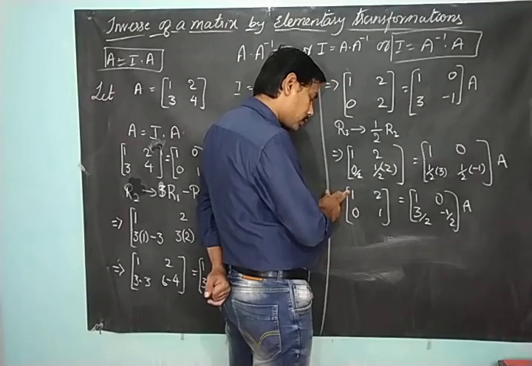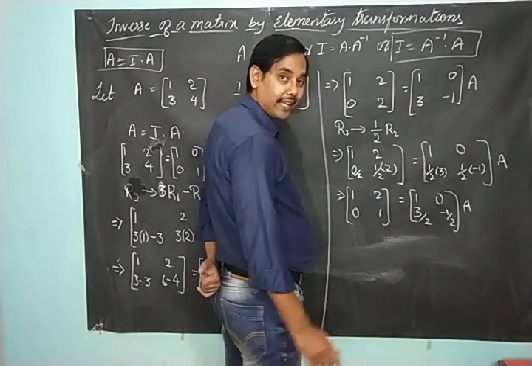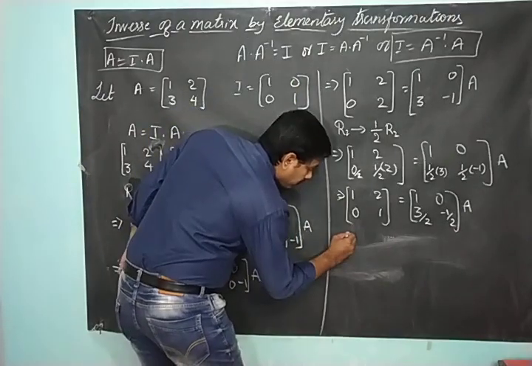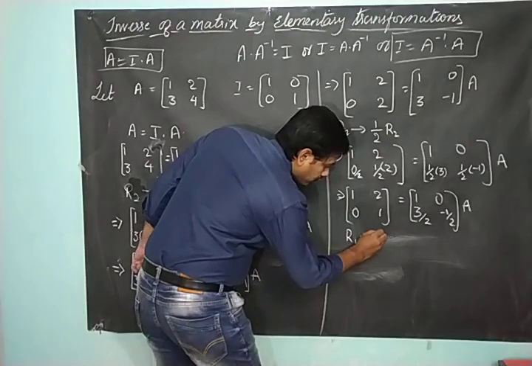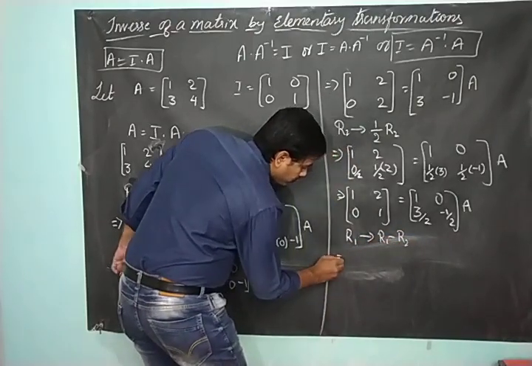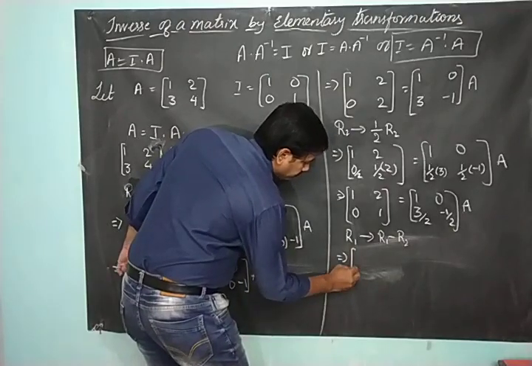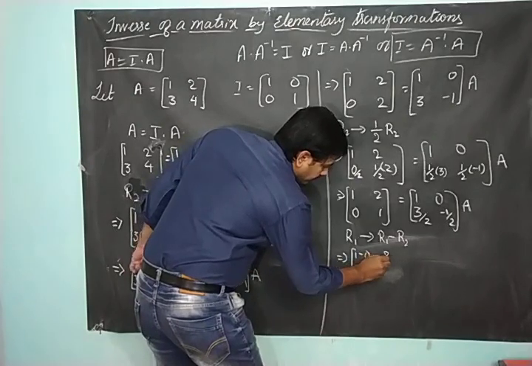R1 minus R2 means 1 minus 0 remains as 1 only. 2 minus 1 will be 1. R1 changes to R1 minus R2. So 1 minus 0, and here 2 minus 1.